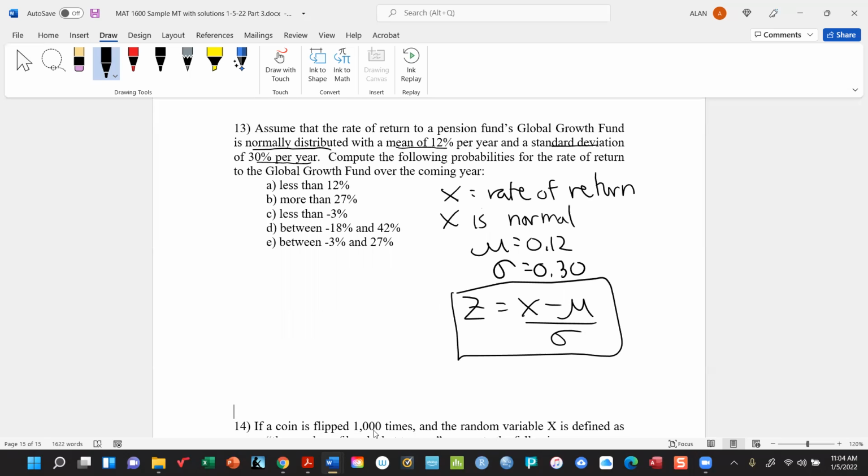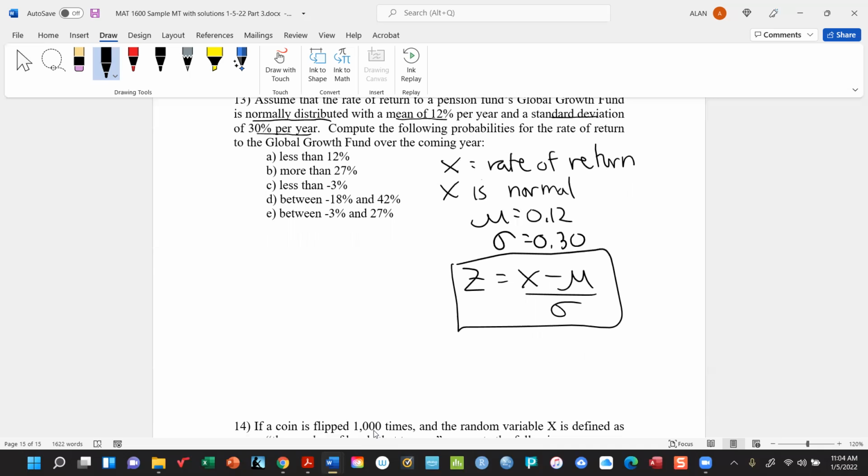All right, so we'll start with less than 12%. All right, so we'll subtract the mean of 12 and we'll divide by the standard deviation of 30.